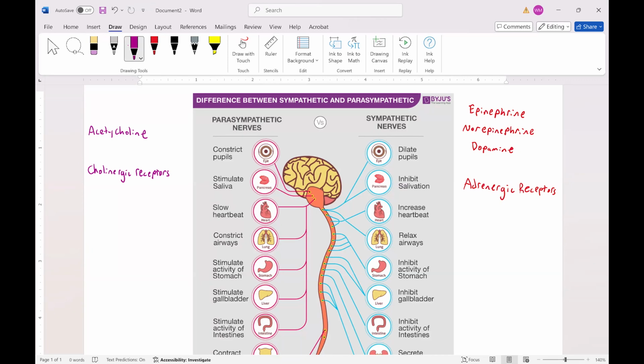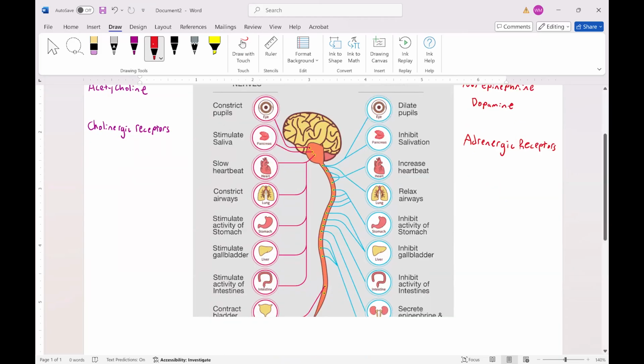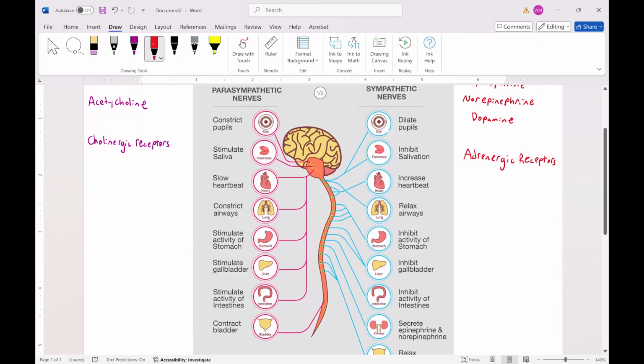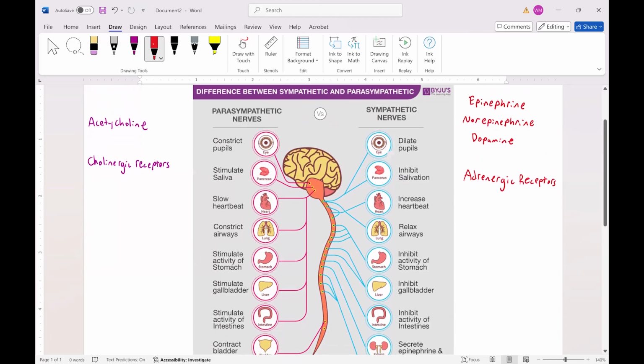So, what is going to happen when we do stimulate these different systems? When epinephrine gets sent into the system, what's going to happen? We can see the dilation of the pupils. The sympathetic, remember, is the fight or flight.